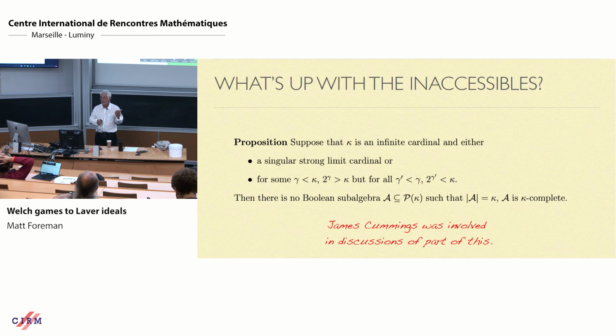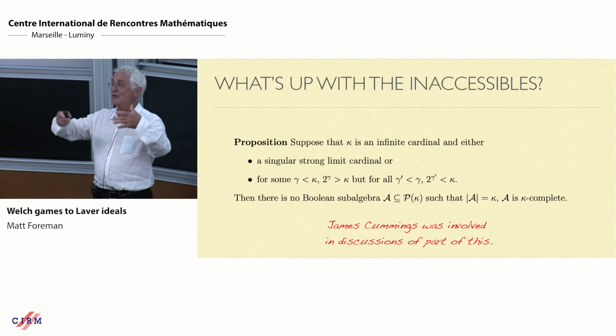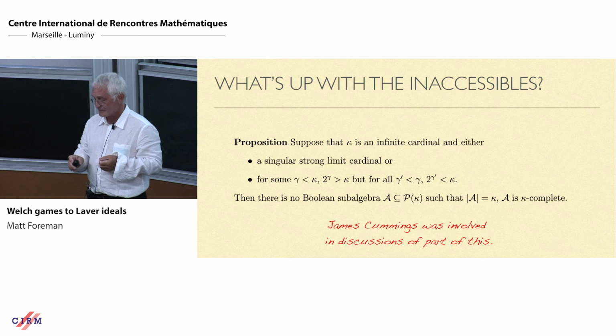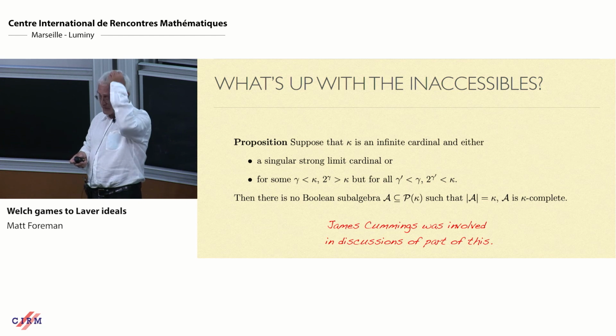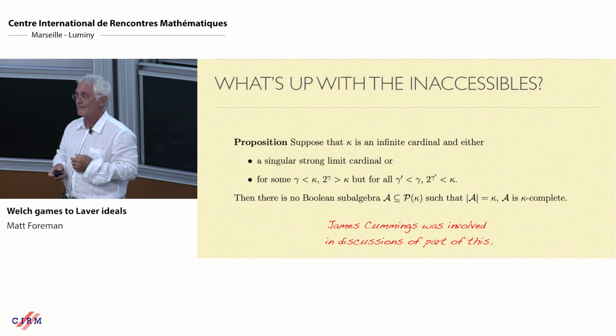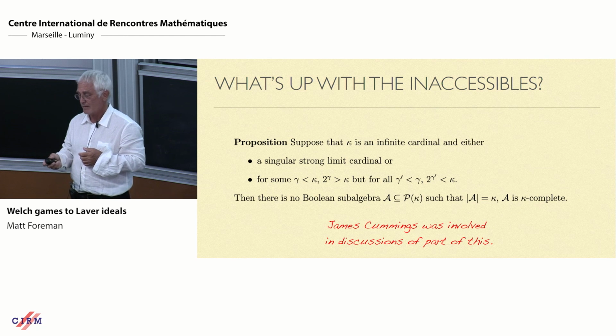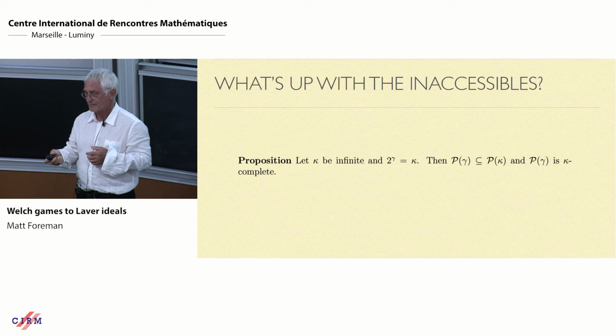Once you say it's kappa complete, you can use the kappa completeness to generate too many sets, so the cardinality of A is bigger than kappa. I have to mention James Cumming was very helpful in talking about these kinds of things with me.